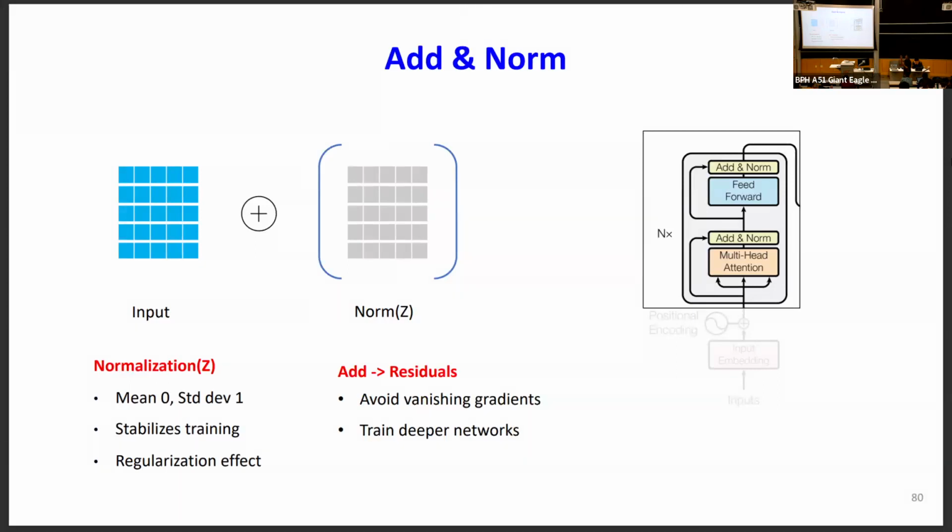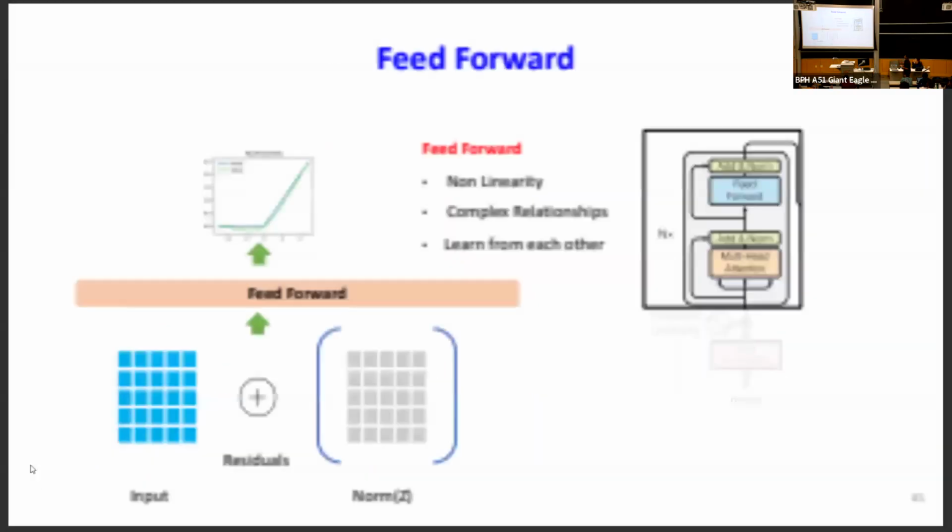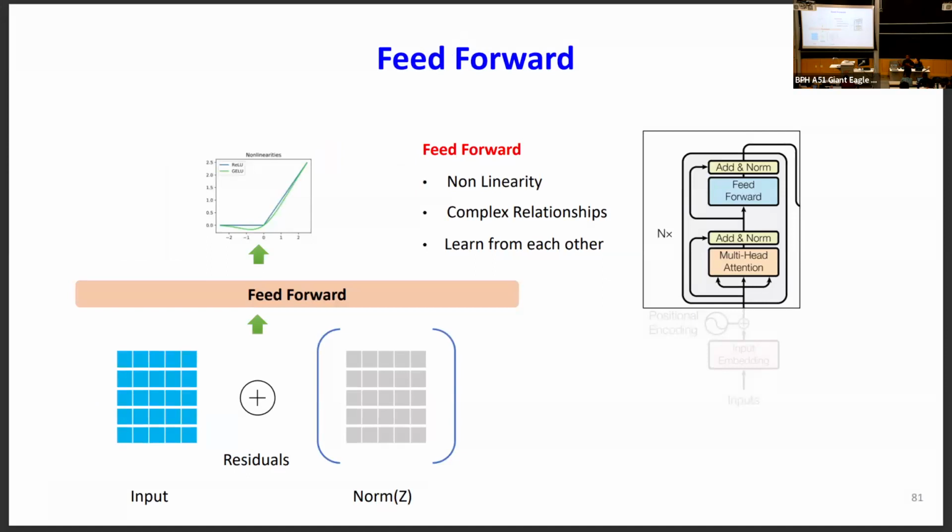So we have our normalization step and the residual addition steps. Now that all the heads have been concatenated separately, how do they learn from each other? One reason we have the feed forward layer is that at this point every head can contribute its knowledge, and the model can learn more complex relationships from all the heads together and produce a better output.